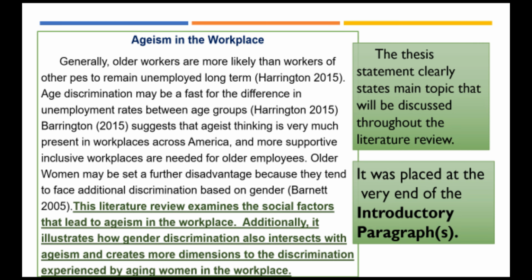Additionally, it illustrates how gender discrimination also intersects with ageism and creates more dimension to the discrimination experienced by aging women in the workplace. So those underlined sentences are the thesis statement, which is the main topic that's discussed throughout our literature review. Usually the thesis statement is placed at the very end of the introduction.